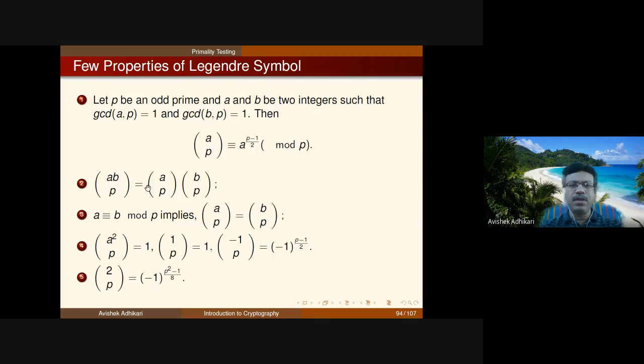For example, if you want to do that, (ab/p), so this is (ab) whole to the Legendre symbol p, is the same as (ab) to the power (p minus 1) by 2 modulo p, and then you can break it like this.